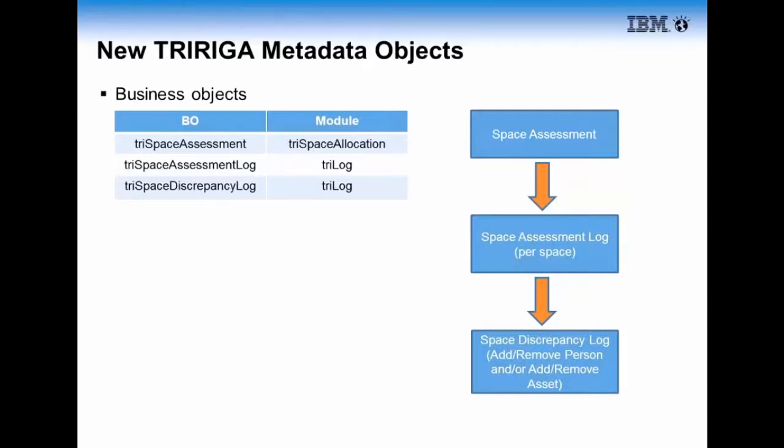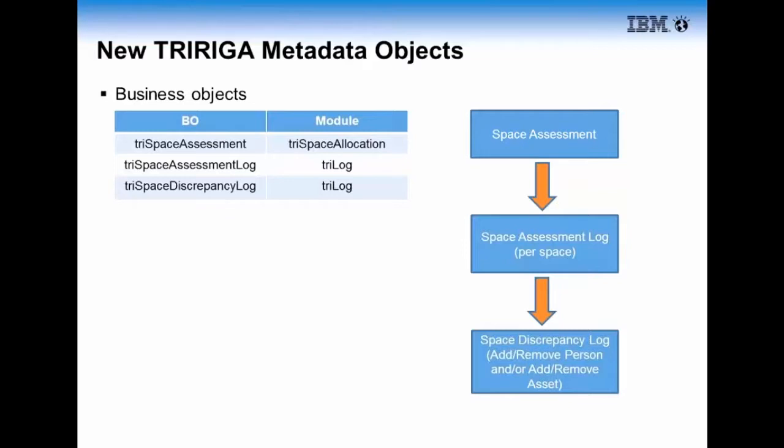When that action happens, the space discrepancy log will be created per the space assessment log. So the summary is that the space assessment contains the space assessment log, which is created per space, and the space assessment log will contain the space discrepancy log, but it doesn't have to have one if that space doesn't have any mismatch.